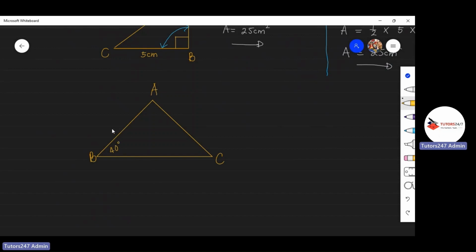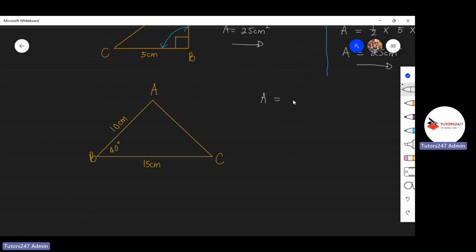Let us give this side AB 10 centimeters and our side BC as 15 centimeters. We can also include side AC if we want to, but I'm not really going to do that, as I know all we need is an angle and the two sides adjacent to that angle. So let us find our area.